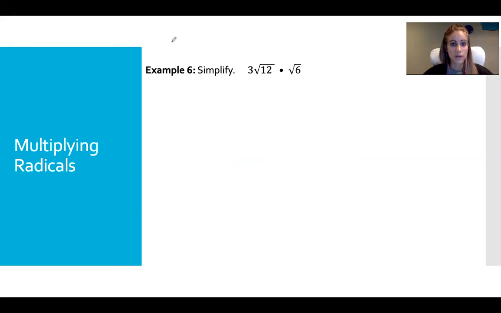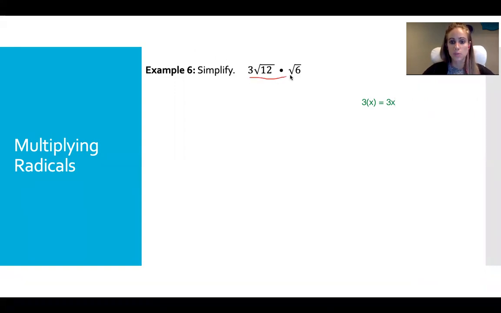So if we go to our variables, as our example again, if we had 3 times x, well, could I take 3 times x and just rewrite it as 3x? Yeah, because 3 and x aren't necessarily like terms, but when you multiply them, you can write them together. You can combine them. So, same thing with these.